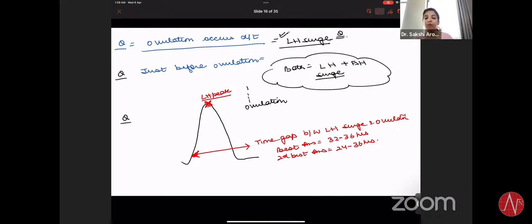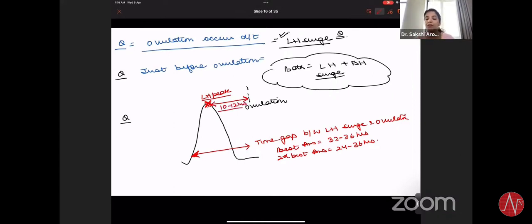So अगर क्वेश्चन पूछा जाए कि LH surge and ovulation के बीच में कितना टाइम गैप है, it is 32 to 36 hours. बट अगर क्वेश्चन पूछा जाए कि LH पीक एंड ओव्यूलेशन में कितना टाइम है, LH पीक मतलब वो लेवल ऑफ LH जब वो मैक्सिमम हो गया, तो LH के मैक्सिमम होने एंड ओव्यूलेशन के बीच में कितना टाइम है? This is, sorry, excuse me, 10 to 12 hours.